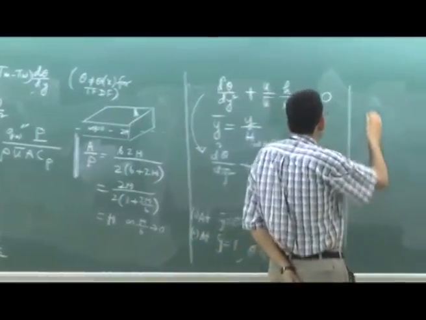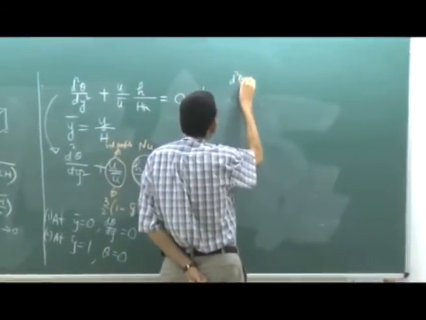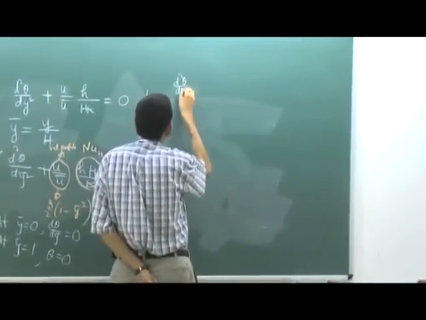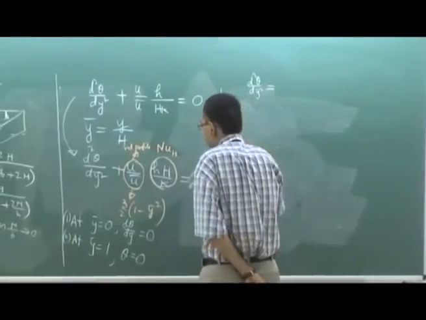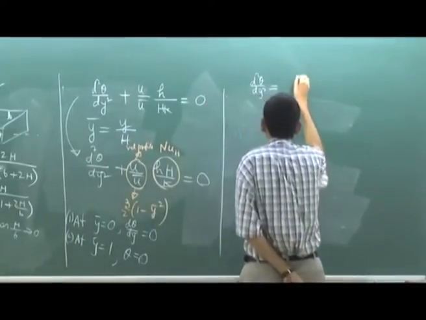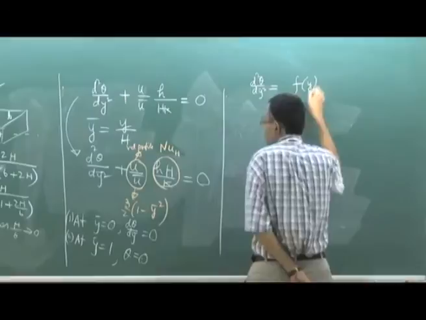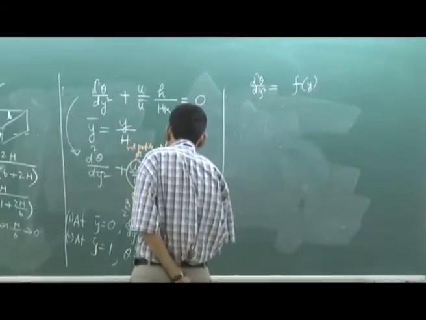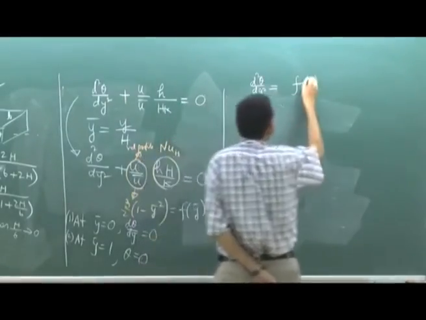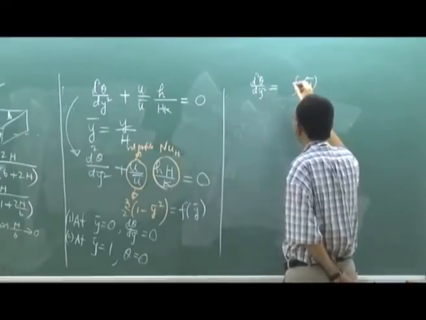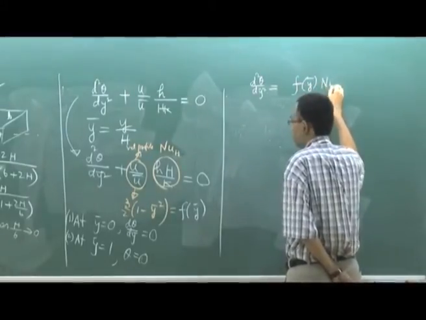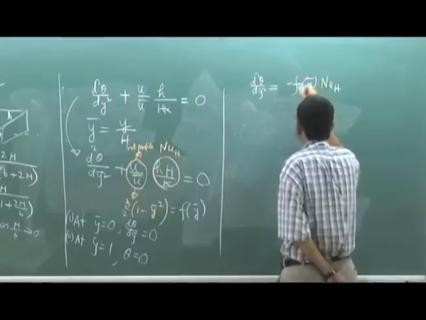So with this you have d2 theta dy2 is equal to some function of y, let us say this is f y bar, into Nusselt number with a minus sign.